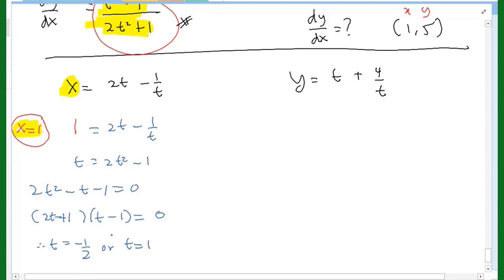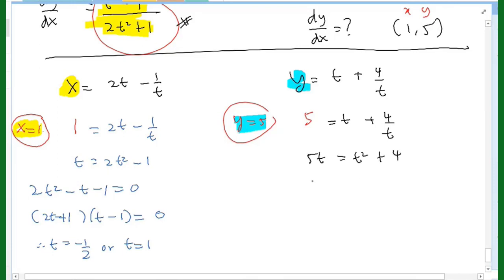Okay, so that's it. Find the value of dy dx at the point 1, 5. Means you still need consider value for y. Just consider juga so 5. Okay, t plus 4 over t equal to 5. Equating the denominator, t squared plus 4 quadratic, 5t plus 4 is equal to 0.